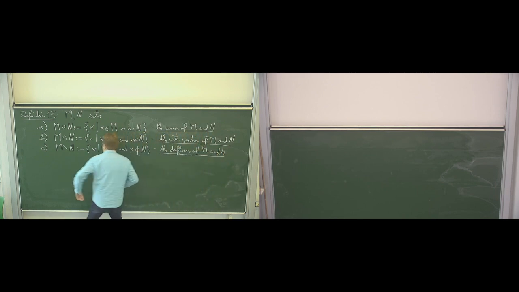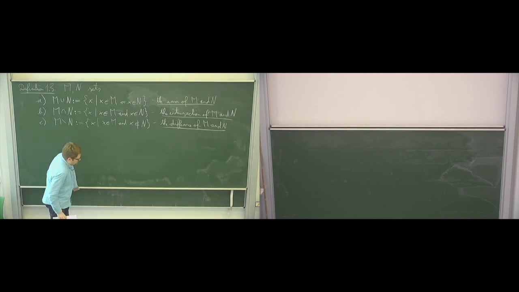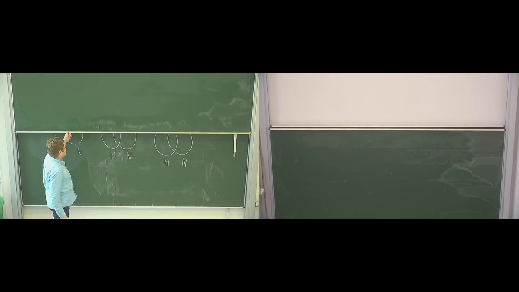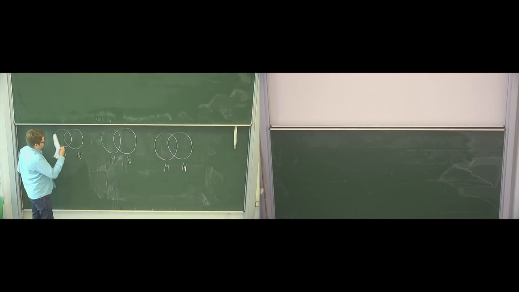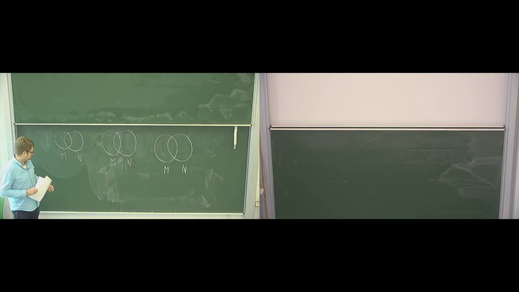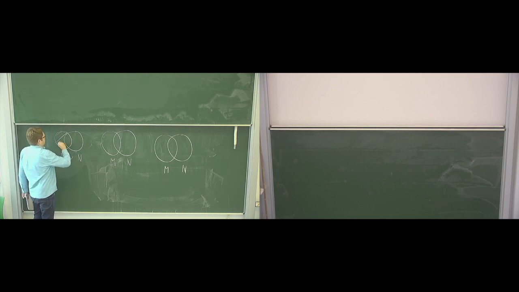And I have some sketches in here so we can see these things. Let's imagine these two sets as circles. So we consider the insides of the circles as points. We have two circles which intersect, M and N, and we want to study the union. The union is the set of all x such that they are in one of the two, so the union here is just everything inside the circles.